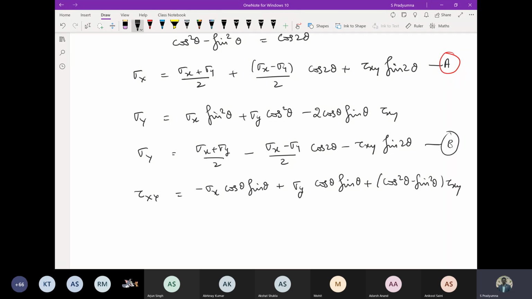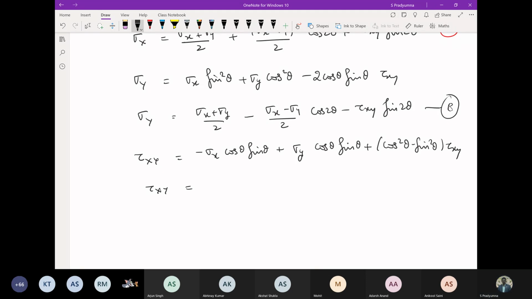So this can be simplified as tau xy is equal to minus of sigma x minus sigma y by 2 sin 2 theta plus tau xy into cos 2 theta. We call this equation C.